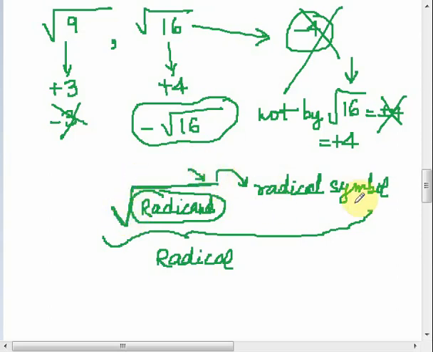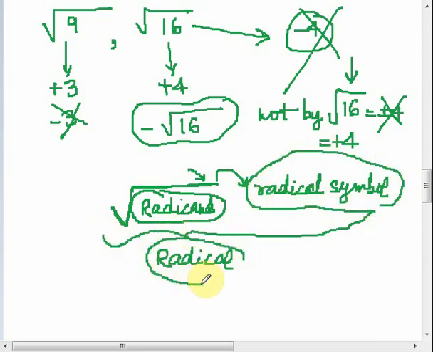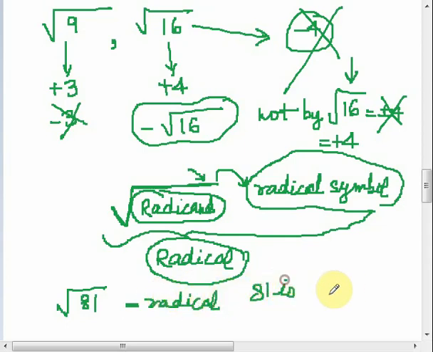This representation is called the radical symbol, and the whole of this is called the radical. So root 81 is a radical, and 81 is the radicand. Right.